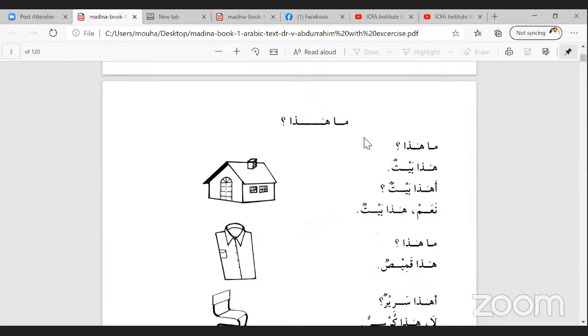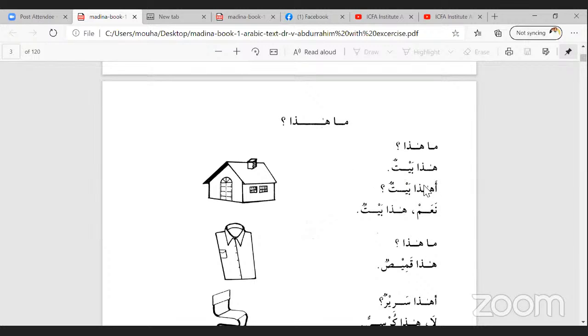Ma is for irrational beings. هذا is for both rational and irrational beings. ما هذا? What is this? هذا بيت. This is a house.